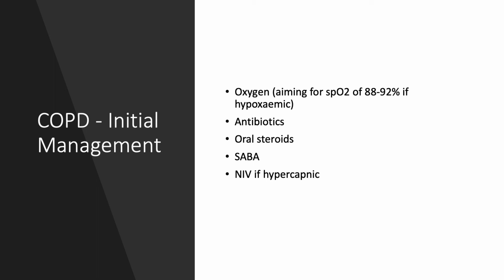Antibiotics, if it's an infective presentation. Our guy is febrile, so we would give him appropriate antibiotics. Oral steroids, usually prednisone, and a weaning regimen. Give them Ventolin as needed, and can also give them non-invasive ventilation to assist with lung compliance.